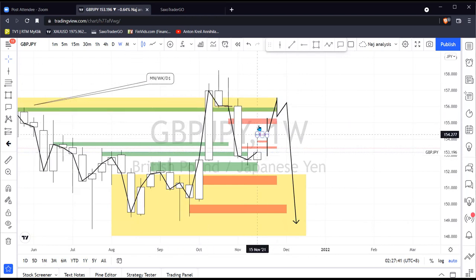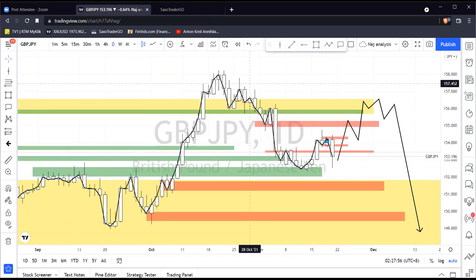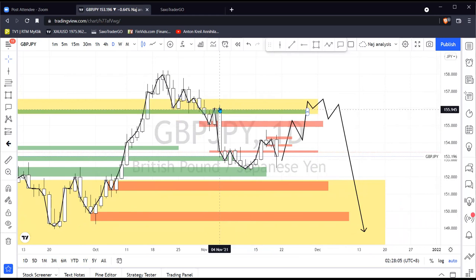So on weekly, now we see this is like a hammer or doji, dragonfly pattern here. But if you go daily, you're going to see the closing price is actually up here. That's why it's important for you to do multi-time frame to see the roadblocks and the closing price.